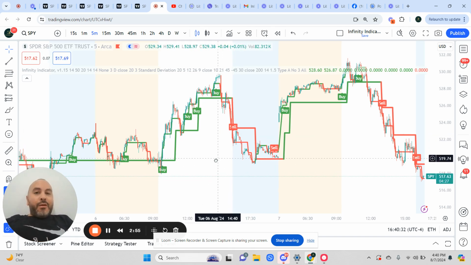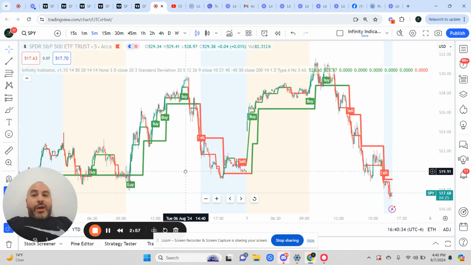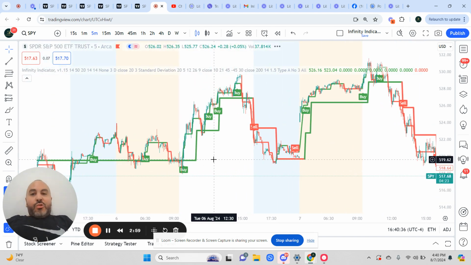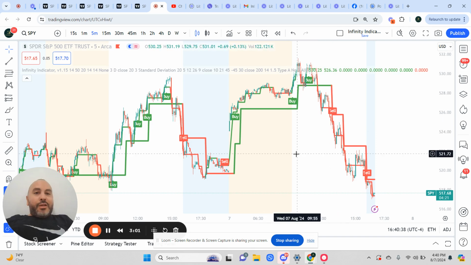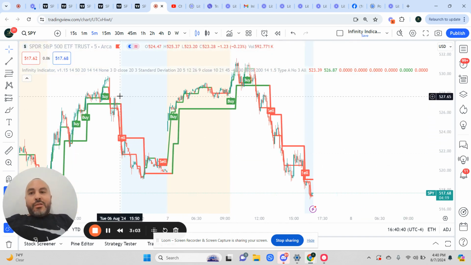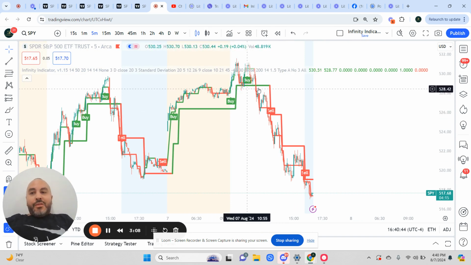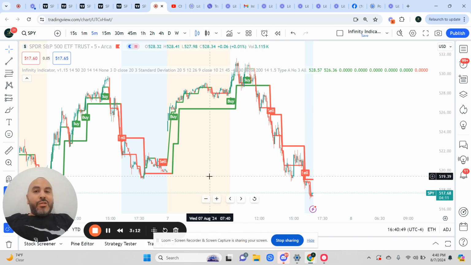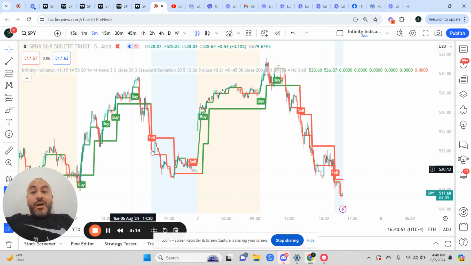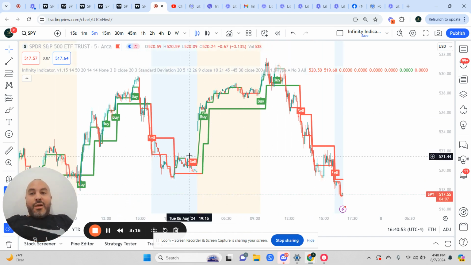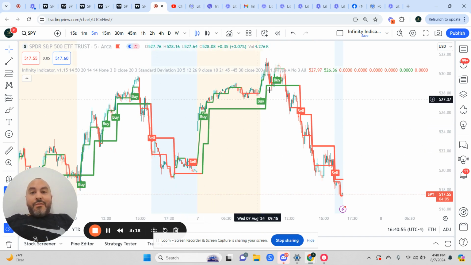As you can see, this works great as a day trading tool. If you're not familiar, you're only going to be able to take trades in the white area if you're trading options. If you're trading stocks, you can obviously trade whenever.